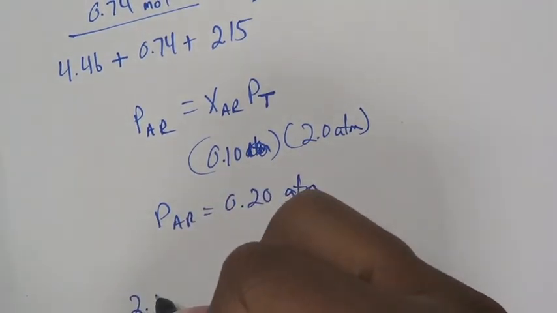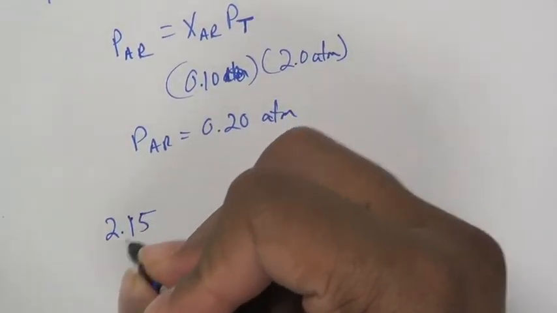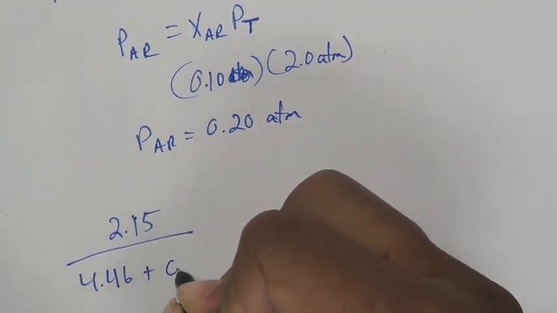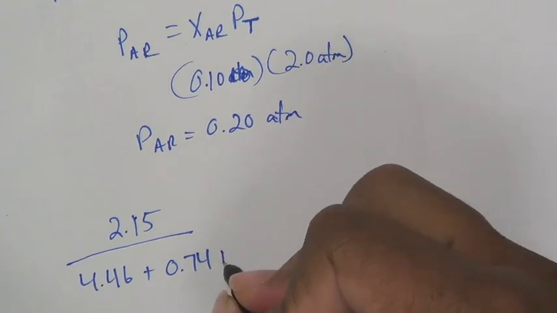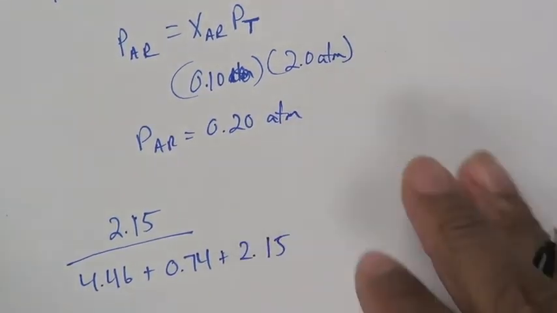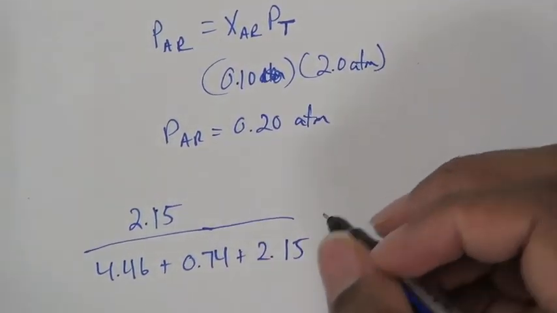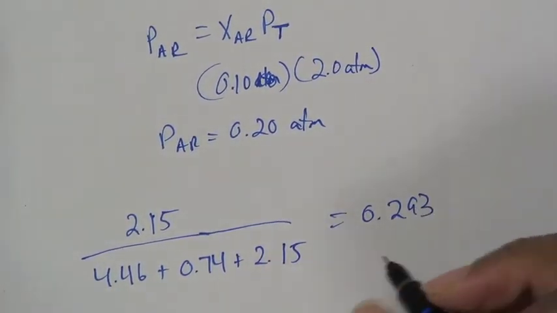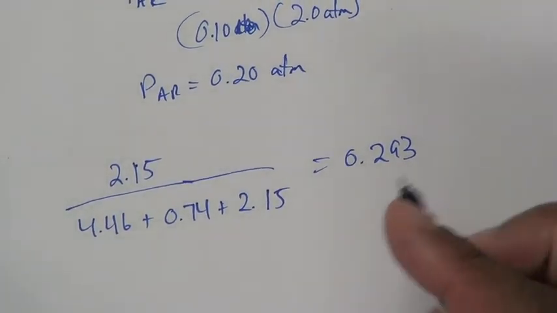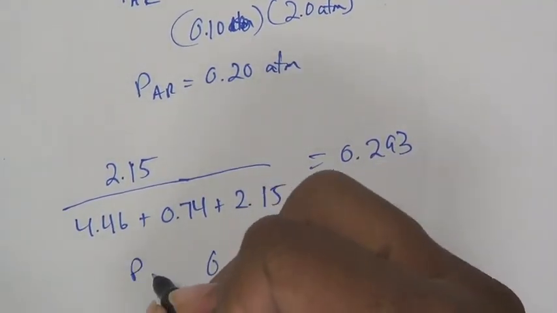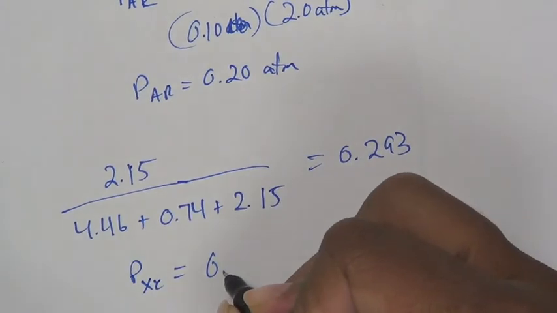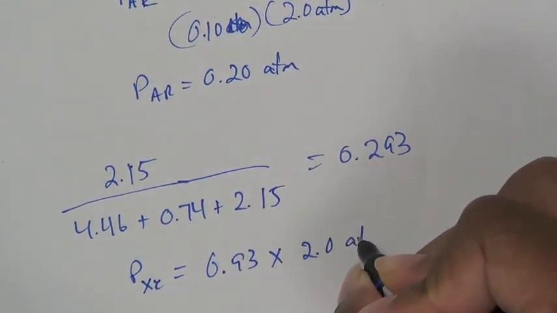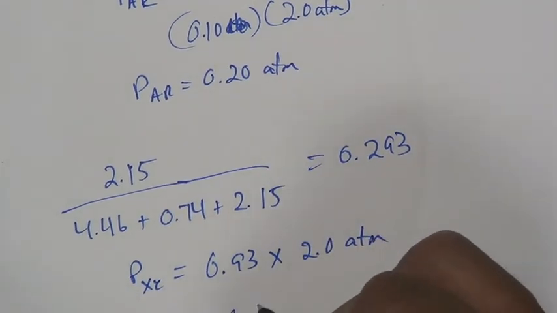So we do the same thing for the last one, which would be xenon. We find out the mole fraction, and that'll give us 0.293. Okay, now we plug into our formula: the partial pressure of xenon is equal to 0.293 times 2.0 atmospheres, and that gives us 0.586.